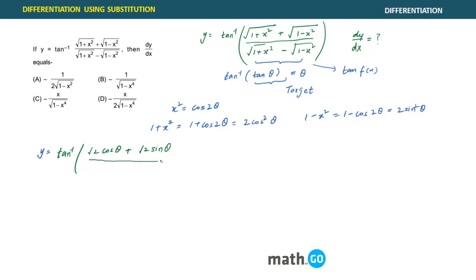Similarly, here in the denominator it will be root 2 cos theta, and this will be what? Minus root 2 sine theta, right? If you can see that all the roots will get cancelled out, what you will get? y is equal to tan inverse of (cos theta plus sine theta) divided by (cos theta minus sine theta).